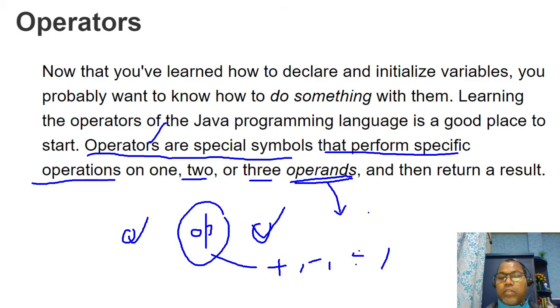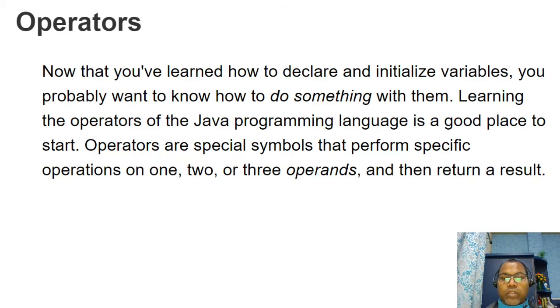All the variables we have learned till now are operands, and operators and operands together do some specific operation. So it's clear, operators and operands. Let's discuss what kind of operators Java as a programming language supports, so that as a developer we can use them.